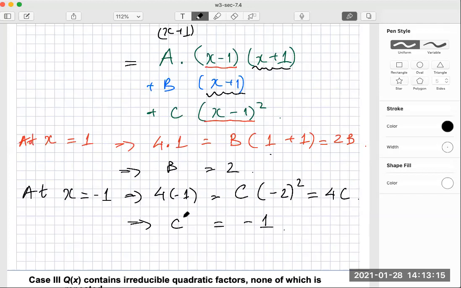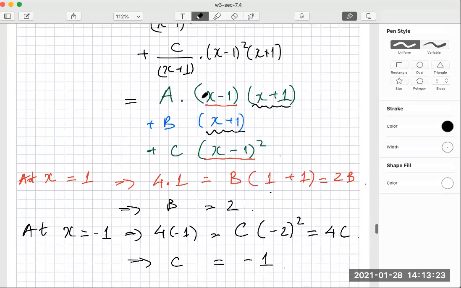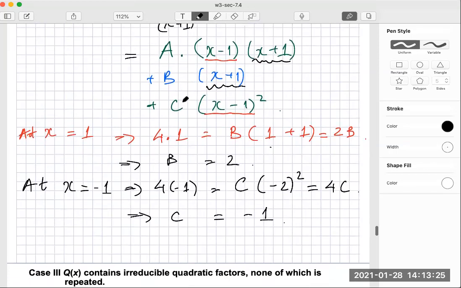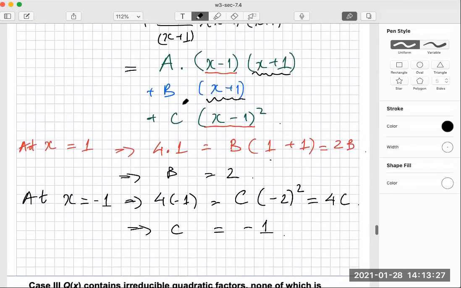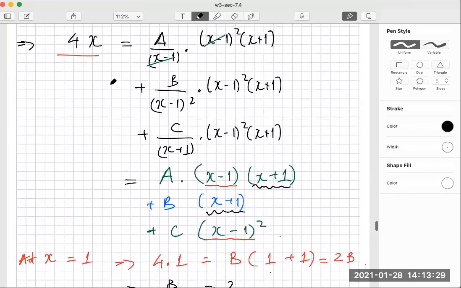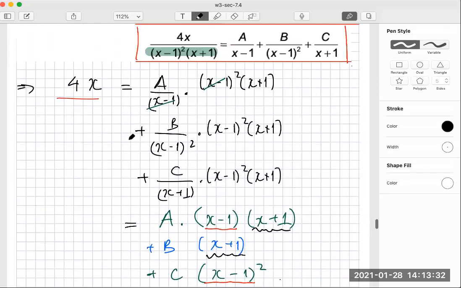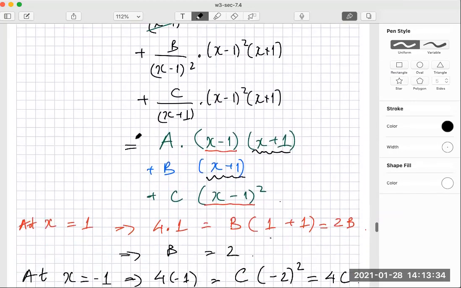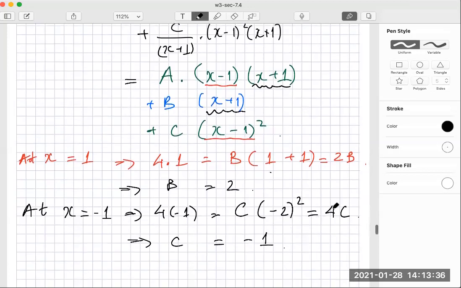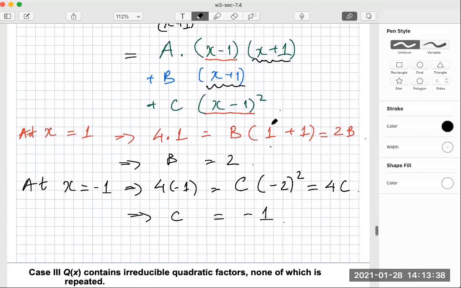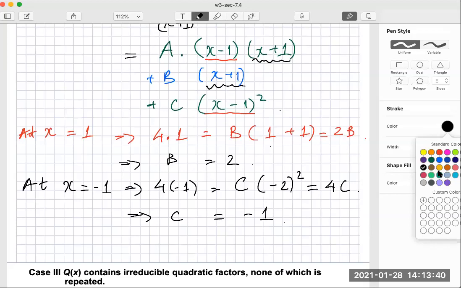Okay, so what we need to find more is A, right? Yeah, you found B and C already. You can replace the values and multiply, and you find A easily, right? But another way, because we know B and C, we can also pick a random value, right?